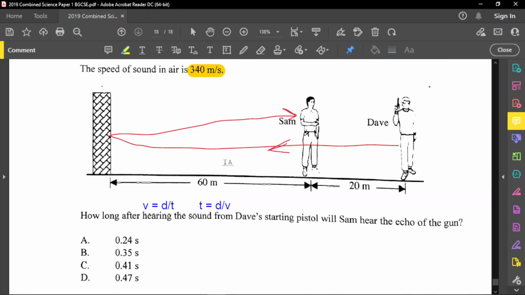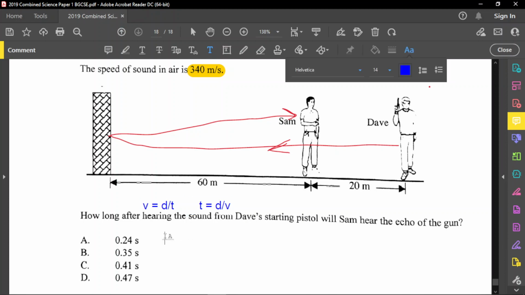Let's do the calculation now. There are two things I'm going to calculate: the time it takes to leave Dave and hit the wall, and then the time from the wall to Sam. The question asks how long after hearing the sound from Dave's starting pistol Sam will hear the echo, so it must travel through both lines. From Dave to the wall, time is distance over velocity.